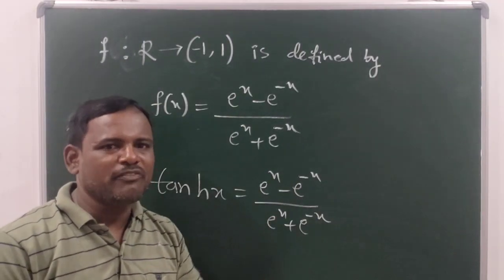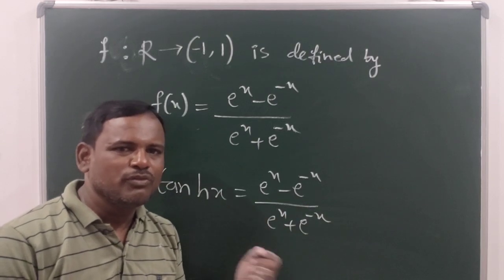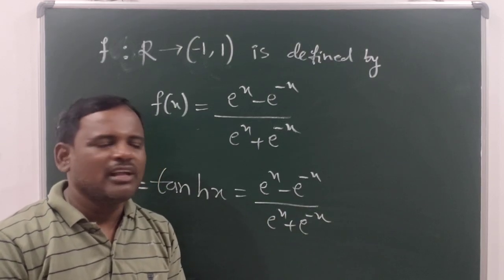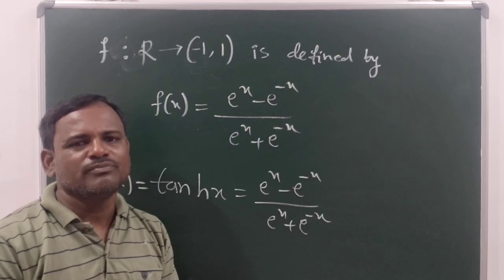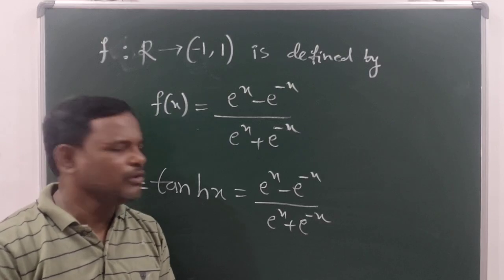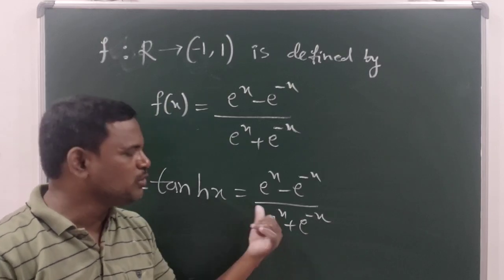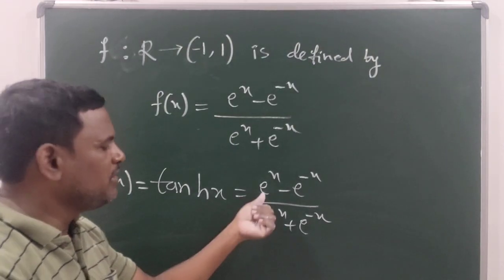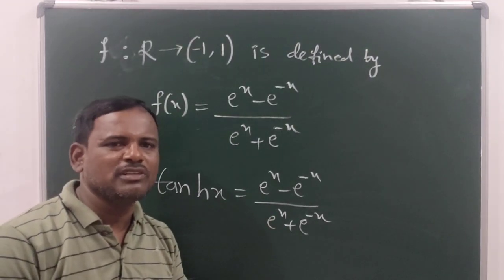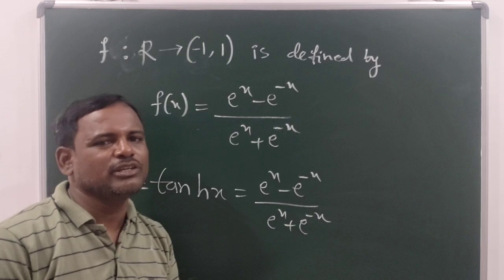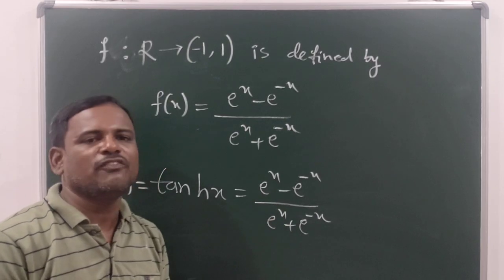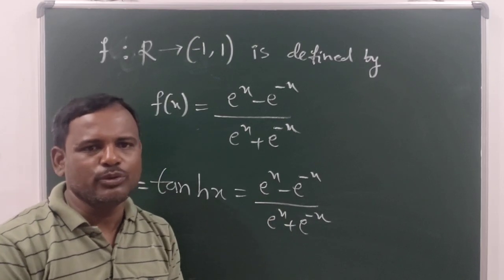When you convert a proper fraction into decimals, you will get values like minus 1 to 1 only. You may get negative or positive. I will show you that. So we substitute x equal to positive real numbers, negative real numbers and x equal to 0. Then how whose graph will vary, I can show you here.